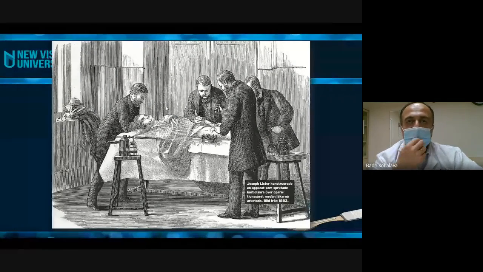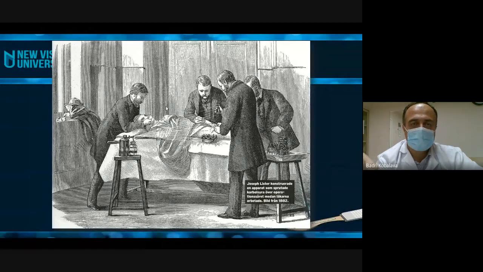So surgical infection after the surgical operation was usual. Some surgeons thought that pus is good for the wound, and it was hard to believe that it is possible to make surgery without infectious complication, without surgical site infection.